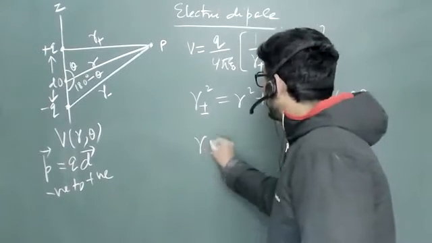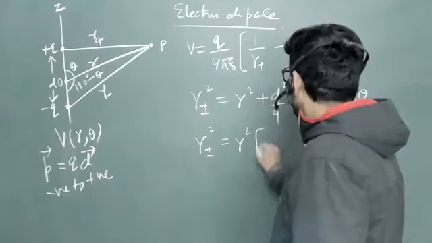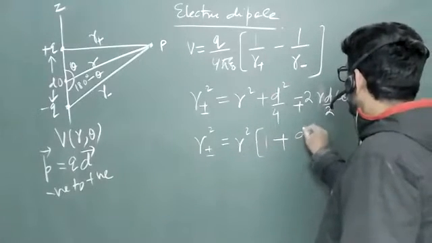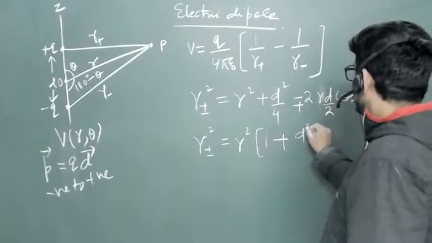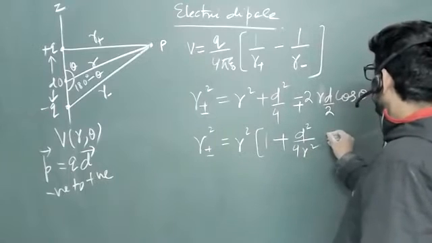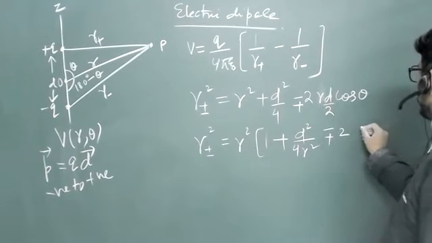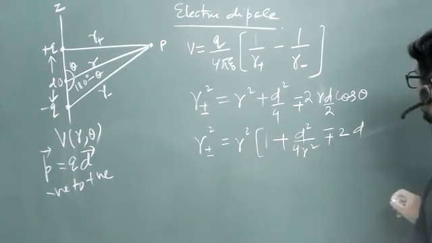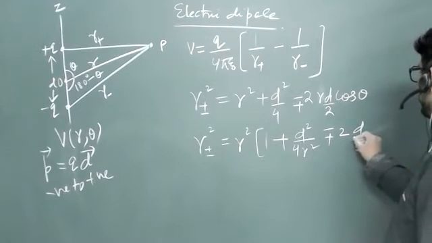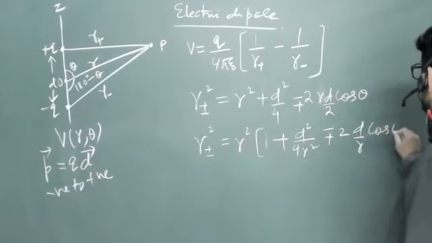R plus and minus together, I have written, it will become R square into 1 plus D square by 4r square, and minus plus 2, यहाँ पे आ जाएगा d by r and cos of theta.